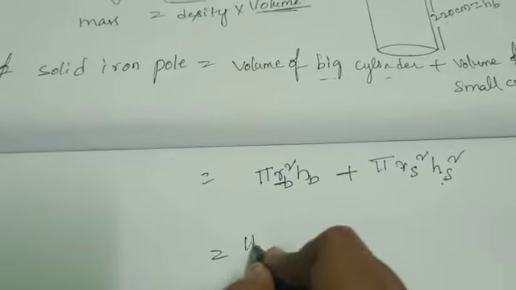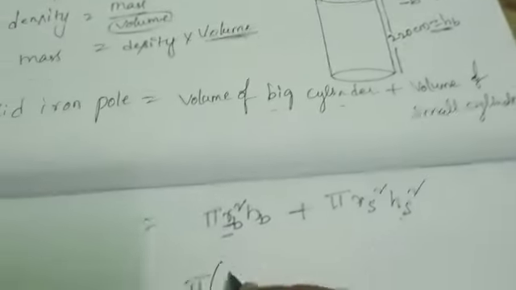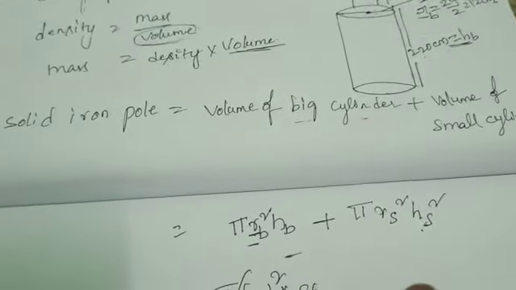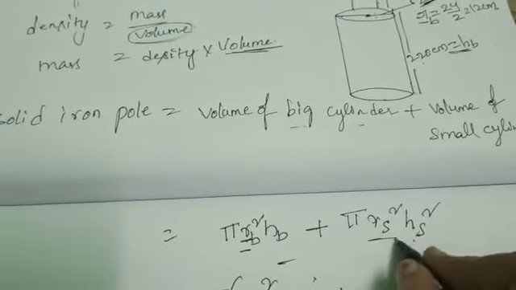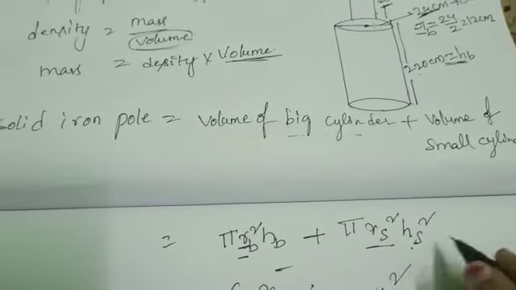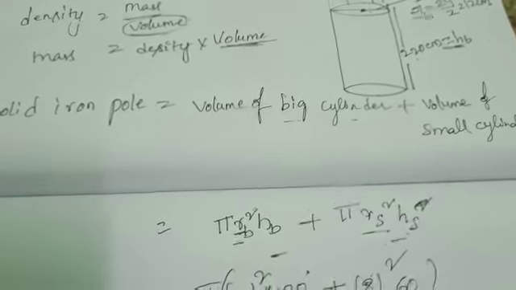Pi is common. Radius of the big one is 12 square, height is 220, plus RS is 8 centimeters, HS is 60.